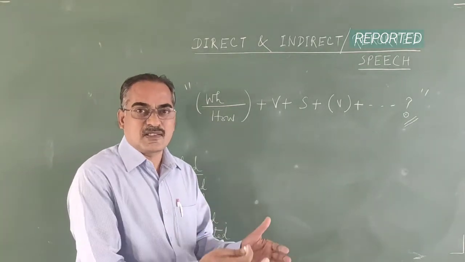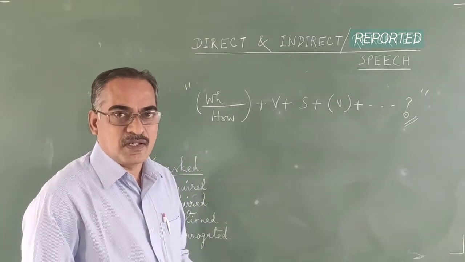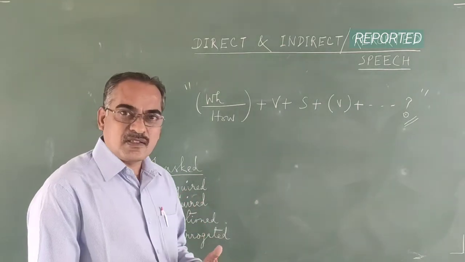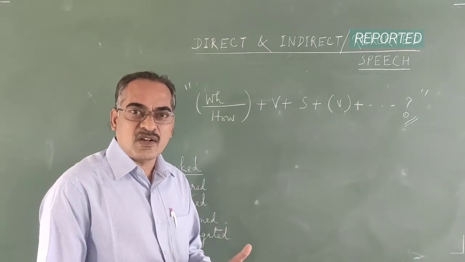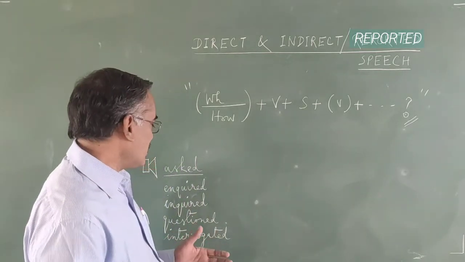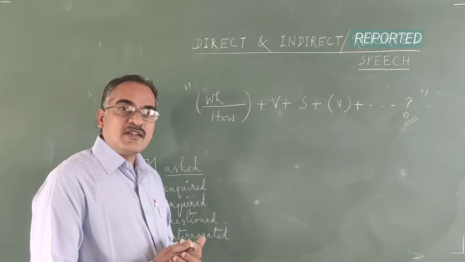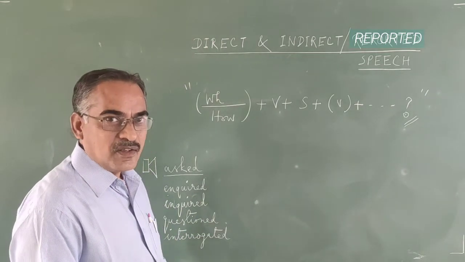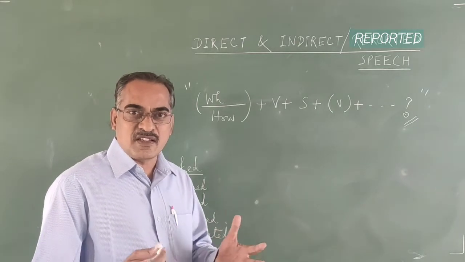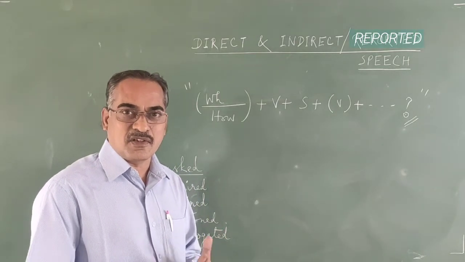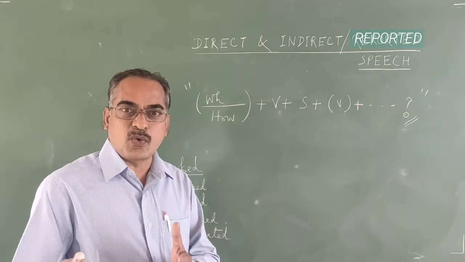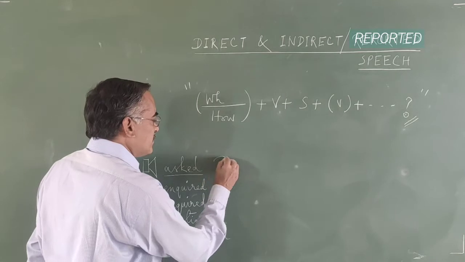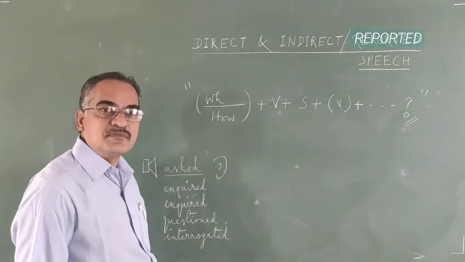If someone is asking the other one something, you can just simply write asked. If it is something like an enquiry or an inquiry, you can write inquired. Then if it is somebody questioning somebody, you can write questioned. If it is like a police inquiry or interrogation, you can write interrogated. Something that happens in a court or a police station. So after this should come the speaker's name.